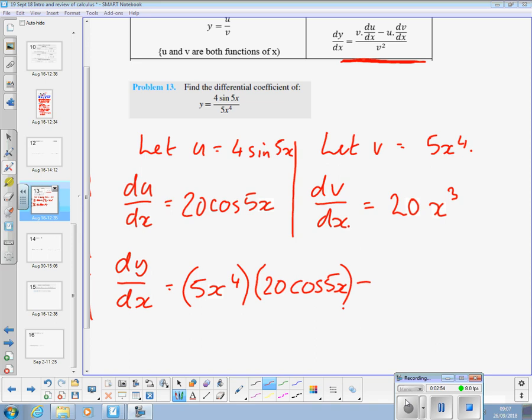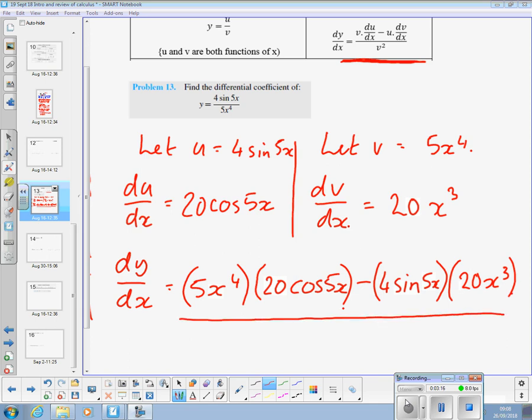Take away u, 4 sine 5x, multiplied by dv by dx, 20x to the power 3, all over v squared.